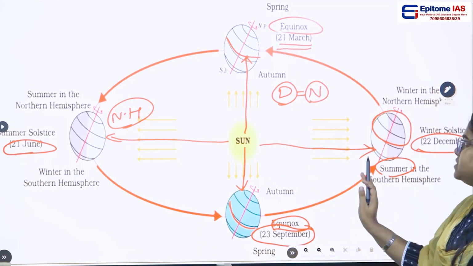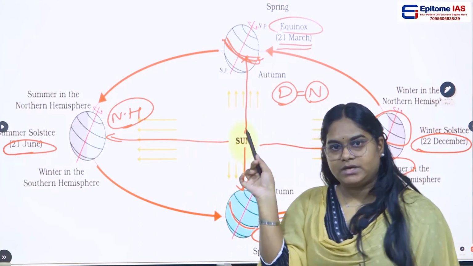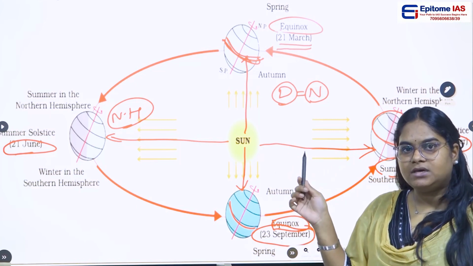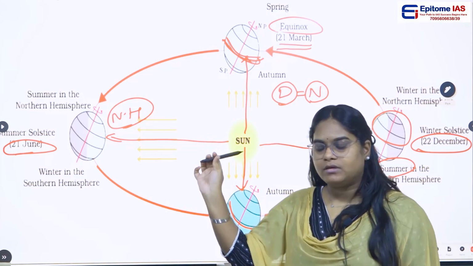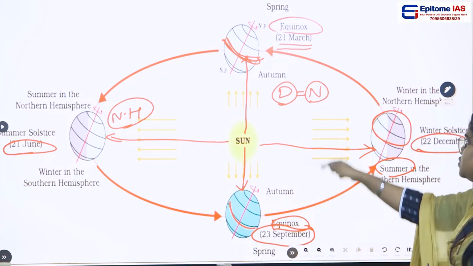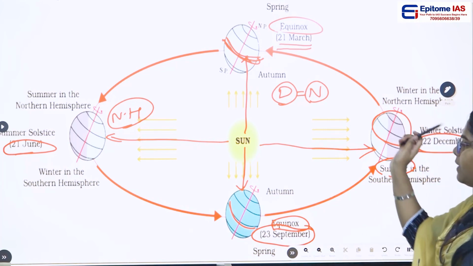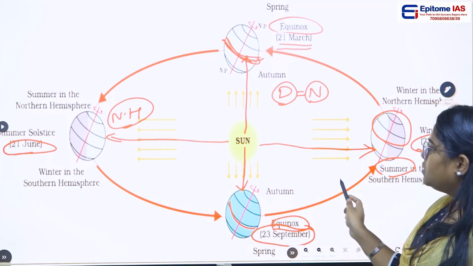Only these 2 times the sun has direct rays over the equator, so if we are standing at the equator, the sun is overhead. Apart from these 2 cases, the sun is not overhead at all.